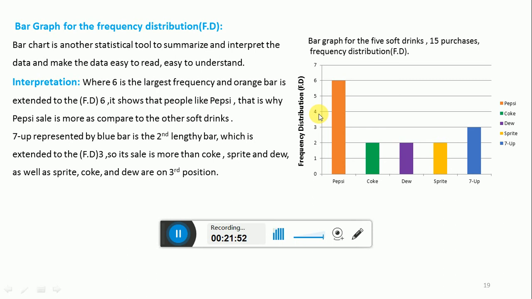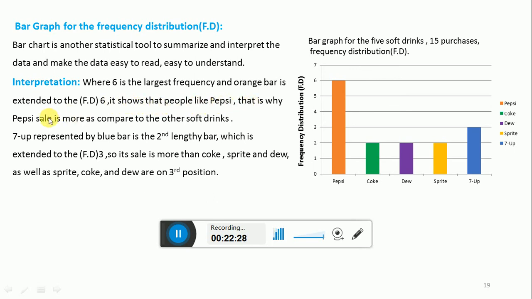Now, how can we interpret this bar graph? This is a clear bar graph for the 5 soft drinks, 15 purchases, frequency distribution. A bar chart is another statistical tool to summarize and interpret the data and make the data easy to read, easy to understand. For the interpretation, 6 is the largest frequency and the orange bar is extended to the frequency 6, which shows that people like Pepsi.